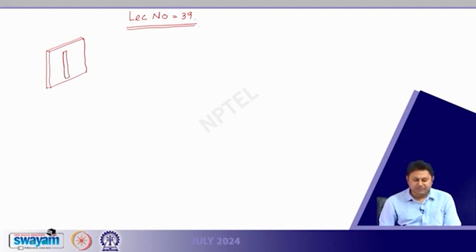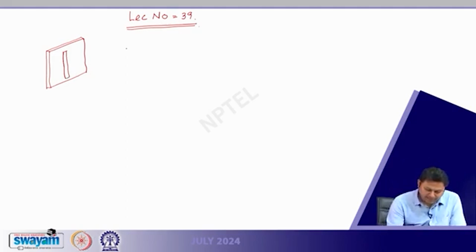So, this is a single slit, and for that we have the intensity distribution expression, and the intensity distribution was this. Then this is 1.